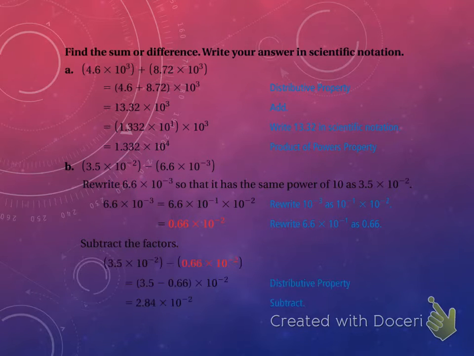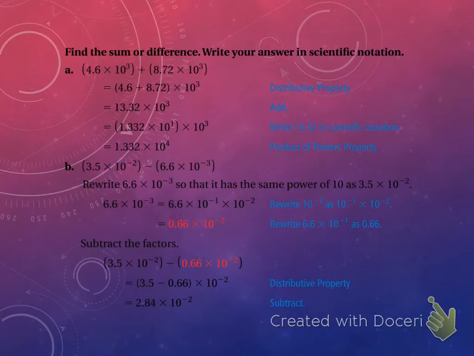Now you just need to subtract your factors. Take your 3.5 times 10 to the negative 2 minus 0.66 times 10 to the negative 2. So by just subtracting our factors, we've got 3.5 minus 0.66, which is going to be 2.84 times 10 to the negative 2.